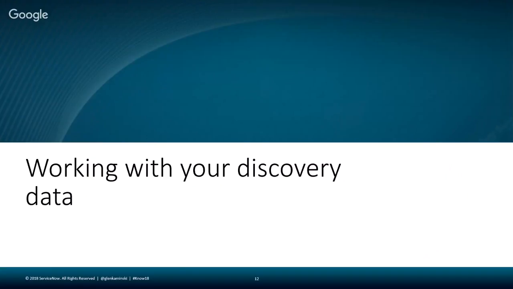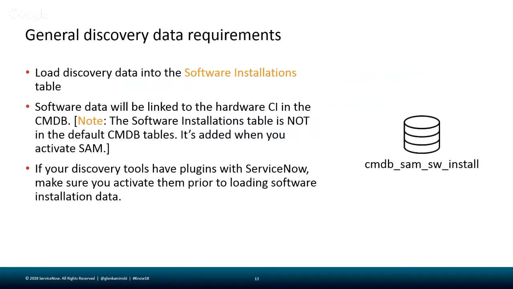Let's talk a little bit about working with your discovery data, because that's the primary focus and really the sole focus of normalization. I would like to comment before we jump in here that normalization also factors into processor normalization for the data center.